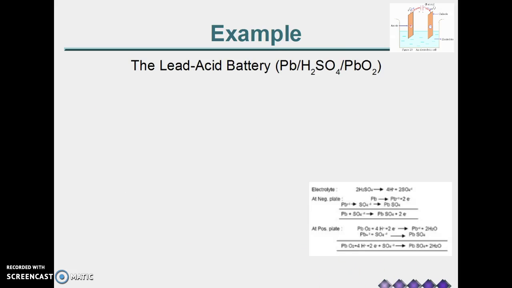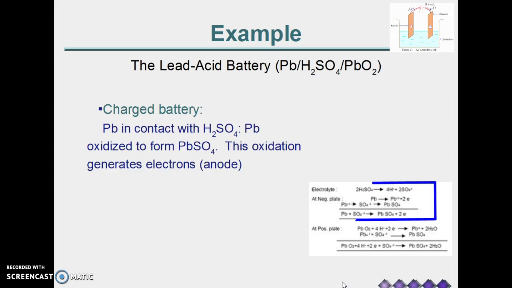Let's talk about something familiar to most people, the lead-acid battery that is in most conventional cars. The charged battery has lead in contact with sulfuric acid inside the battery. The sulfuric acid is the electrolytic solution that you have.